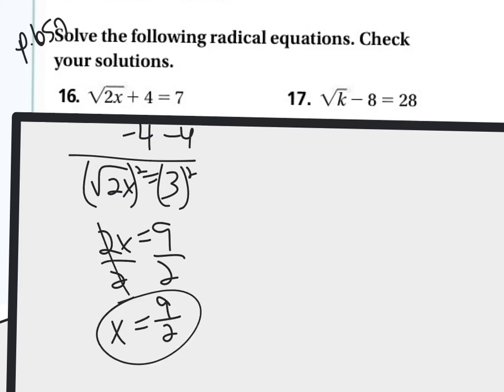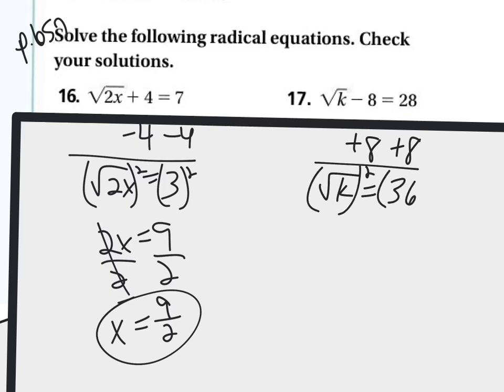If you put 4.5 or something would be okay, I guess, but you can just leave it as 9/2. On 17, we need to add 8 first to isolate our radical. And then that's 1,296.